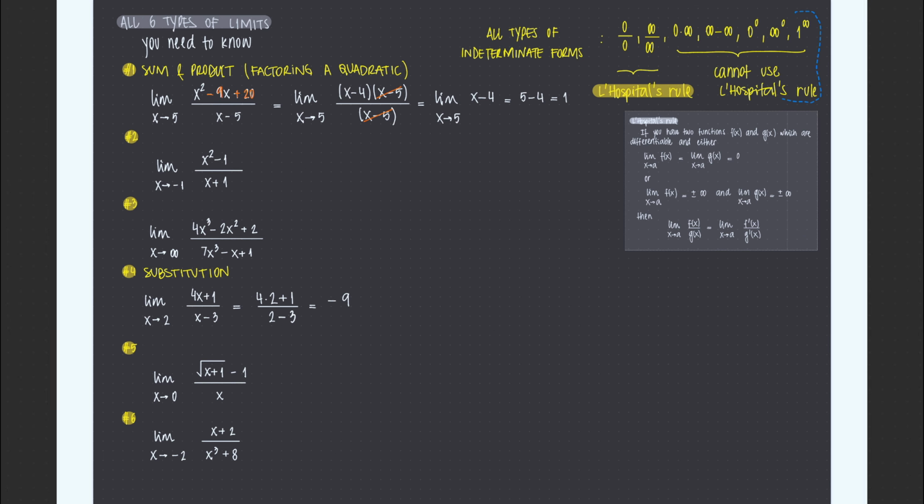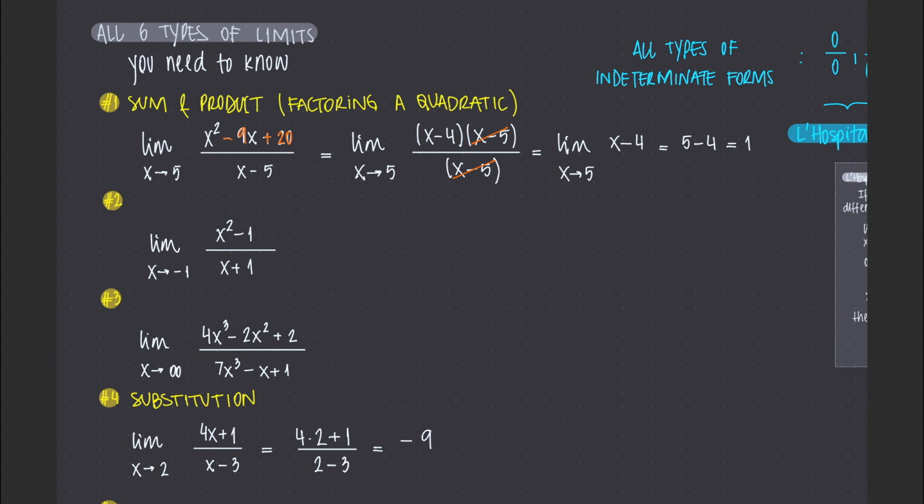Now let me change the color here so we can do this using L'Hopital's rule. Given that we have over here the indeterminate form 0 over 0, we can say that this is the same as the limit as x approaches 5 of the derivative of the top, 2x minus 9, over the derivative of the bottom, the denominator, which is 1.